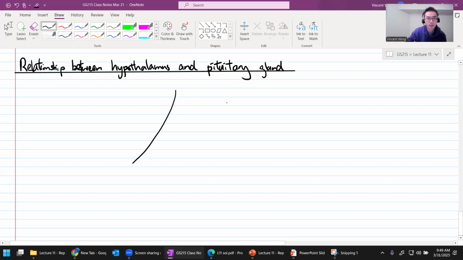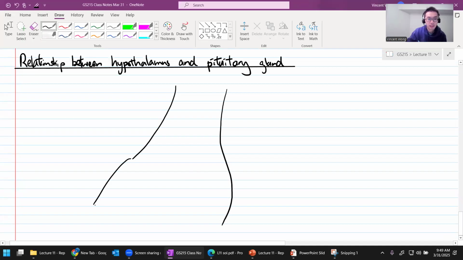So let's draw a picture of it. This is the hypothalamus, the master gland.